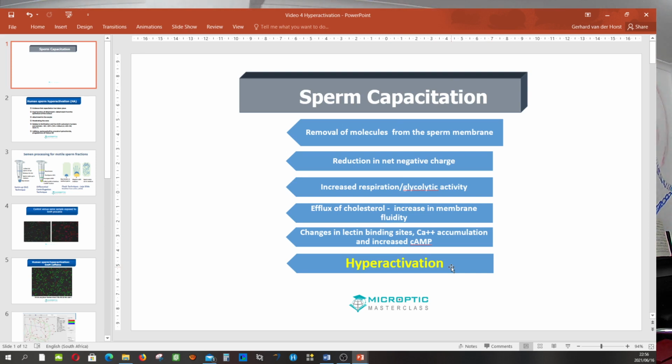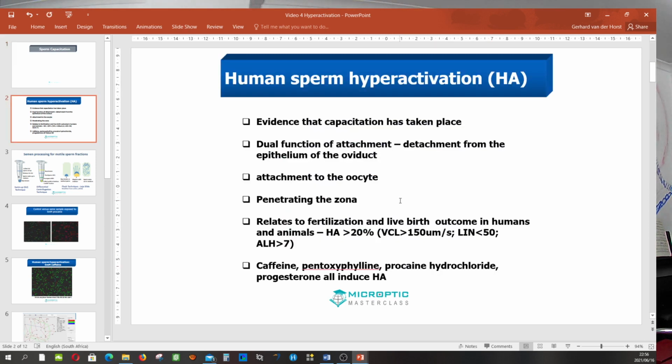And let us now just review the important aspects of hyperactivation for human sperm. As indicated, it shows that there is evidence that capacitation has taken place. And the next point is one that very few people realize, and that is that it has a dual function of attachment and detachment from the epithelium of the oviduct.